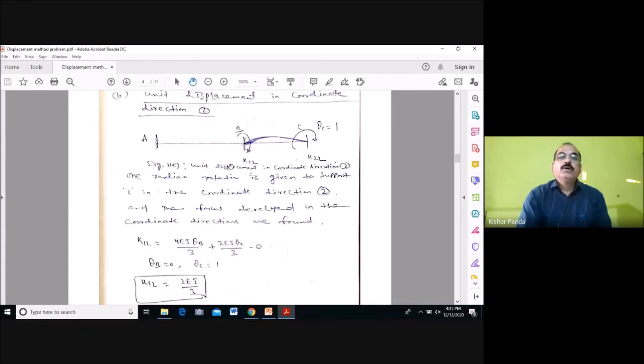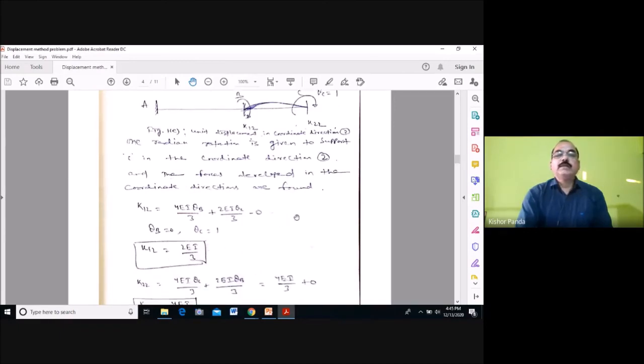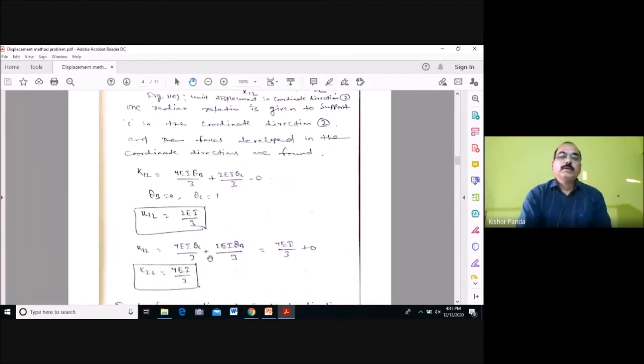But theta B is 0 and theta C is 1. So K12 is equal to 2EI by 3. Then K22 is equal to 4EI theta C by 3 plus 2EI theta B by 3, and after putting in the values, K22 is obtained.